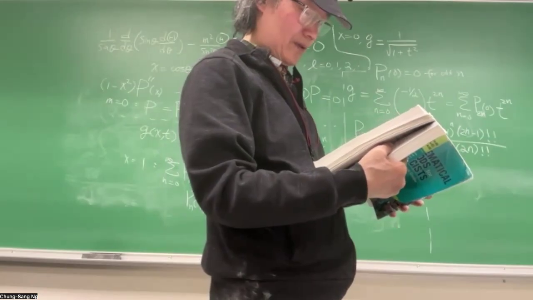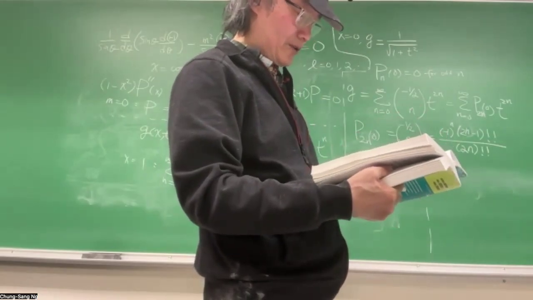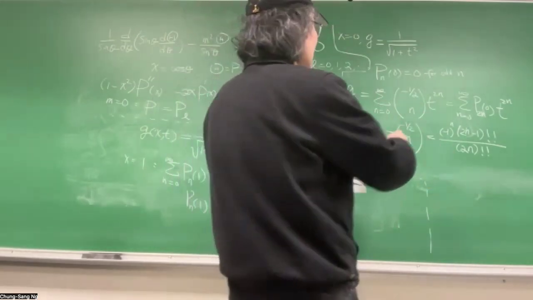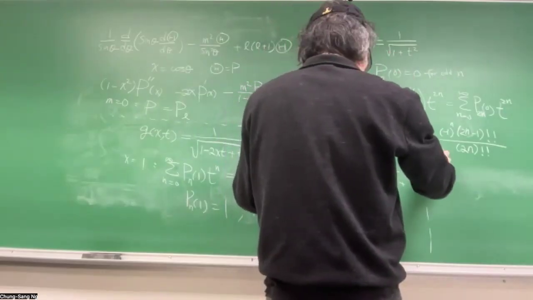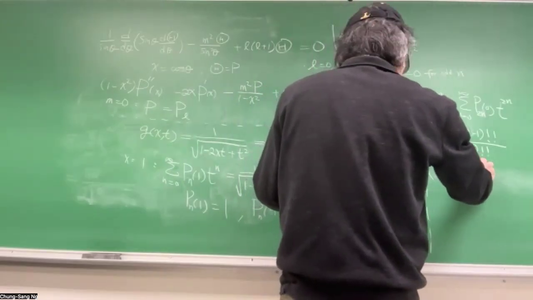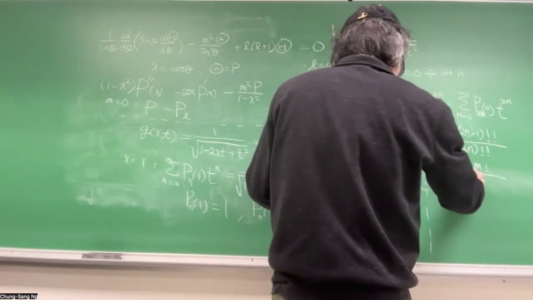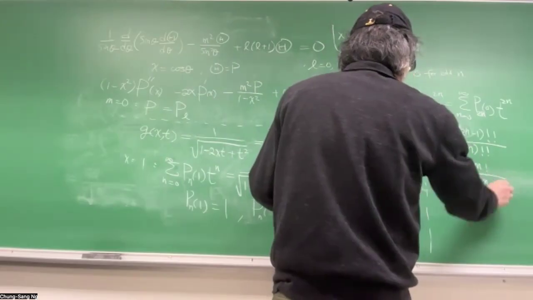For integer power it's trivial: if it's an integer power instead of a fractional power, the symbol (m choose n) is defined as m factorial over n factorial times (m minus n) factorial.